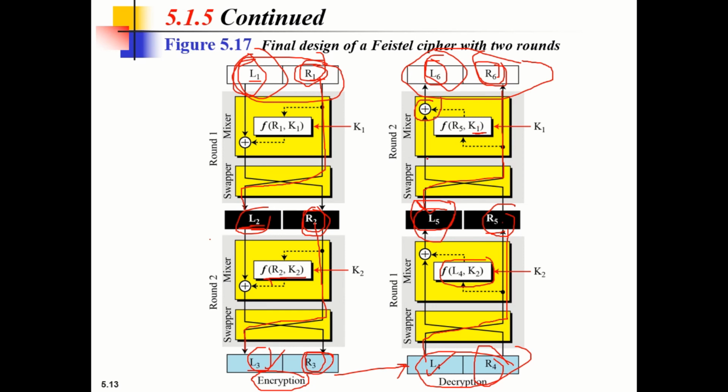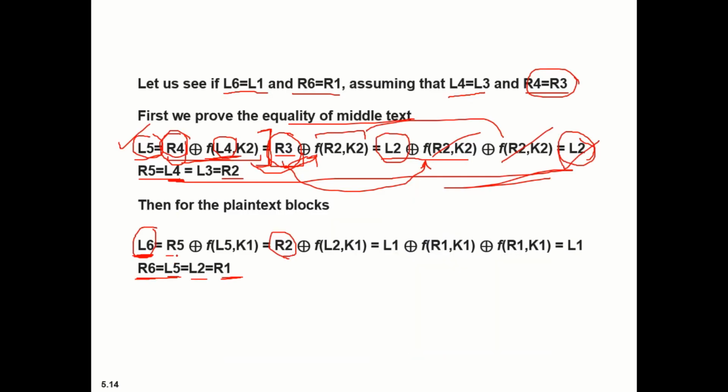So this is L6, which is R5 XORed with F. Now this is L5 over here, okay? L5 and K1. So this is R5 XORed with F(L5, K1). We can now replace this R5 with R2, from this expression, because R5 and R2 are equivalent. And this L5 is equivalent to L2. So we can write L2 over here.